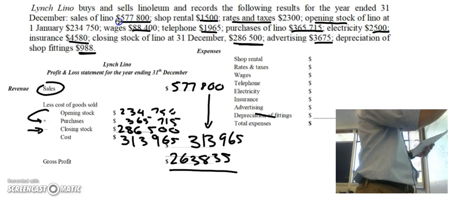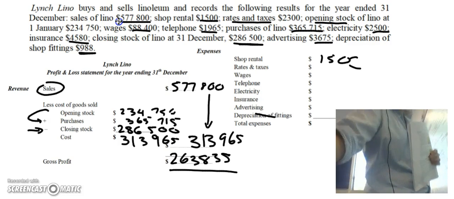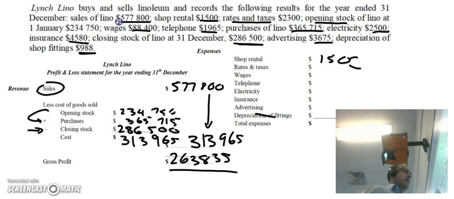What expenses have we had? Well, we had to rent the shop, so $1,500. $2,300 worth of rates and taxes, $88,000 of wages. We had $1,965.